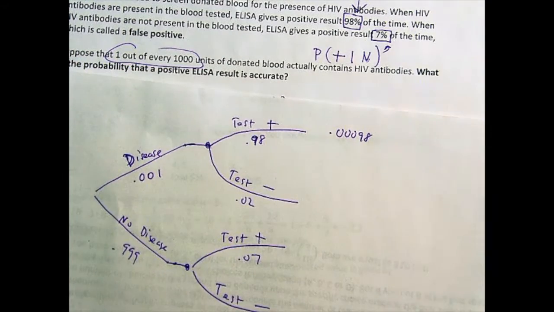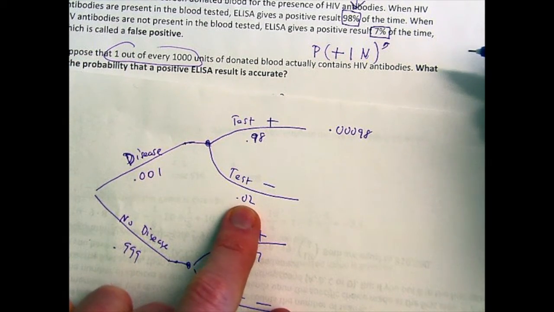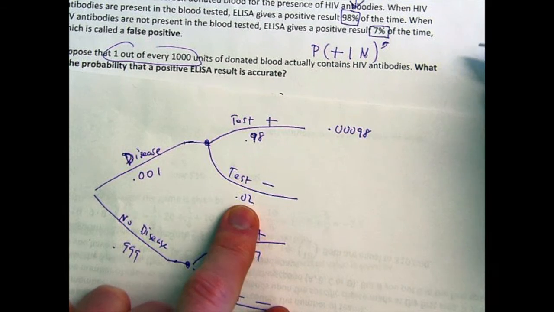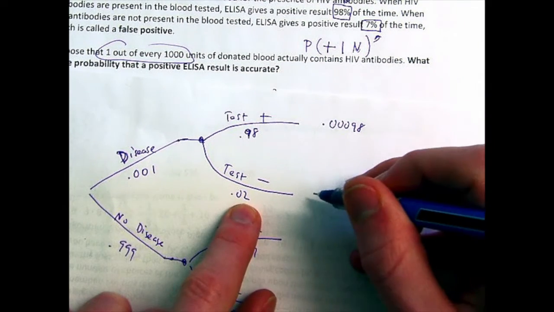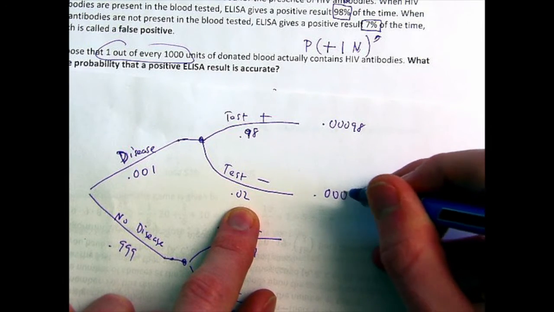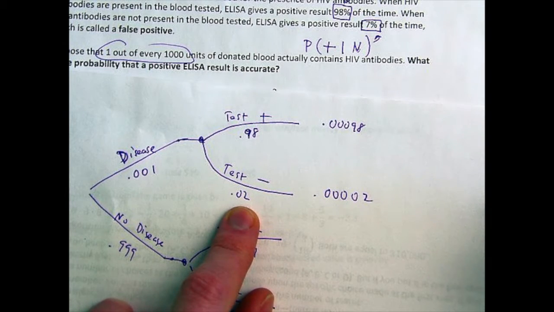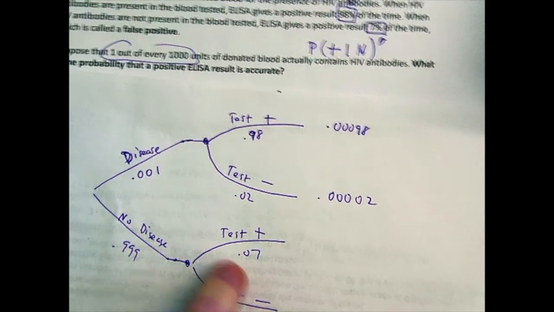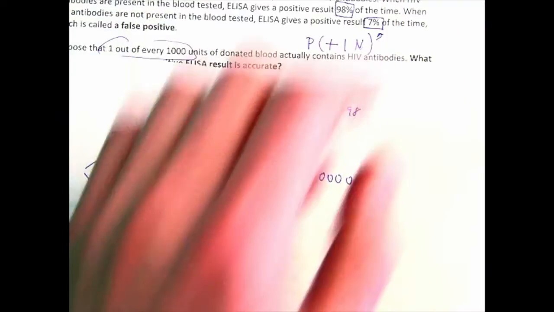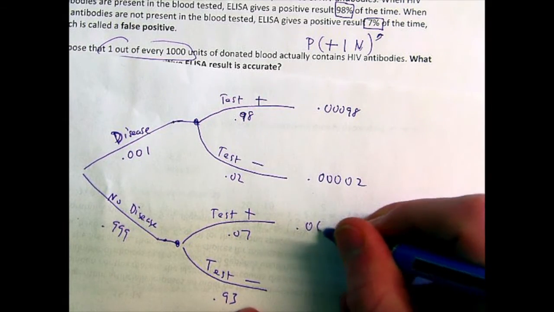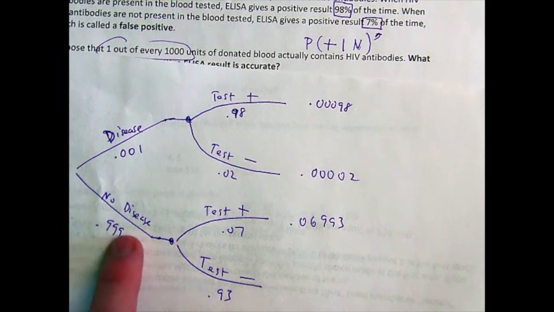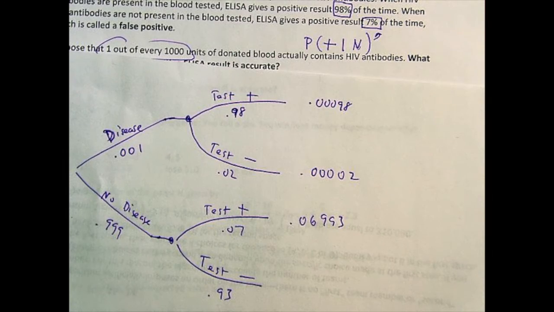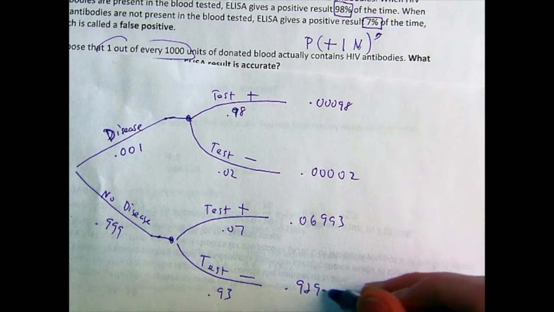Okay, and then this one here, we're going to add another 3 zeros here. If you multiply these two numbers, we get 0.00002, right? And then here, 0.999 times 0.07, that's going to be 0.06993, and then finally these two guys here, 0.999 times 0.93 gives me 0.92907.